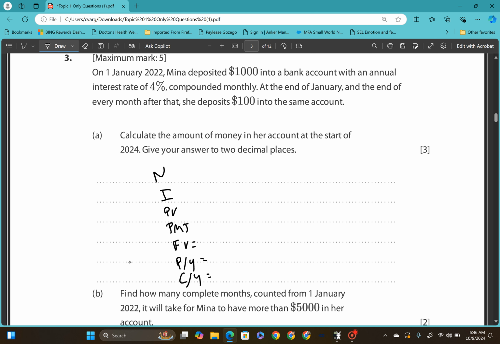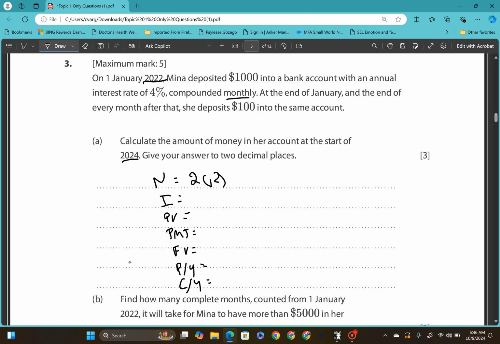So for each of these, if you take a look, from 2022 to 2024, there are 2 years. For the number of payments, it's compounded monthly. So 2 times 12, which is equal to 24. Our interest is 4%, right?